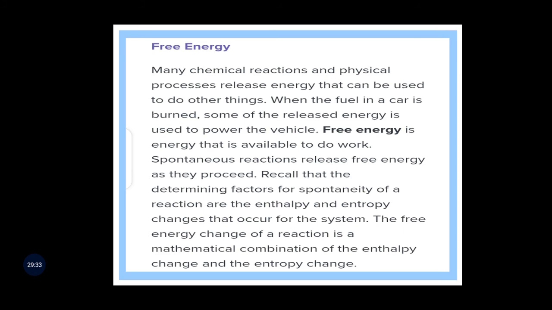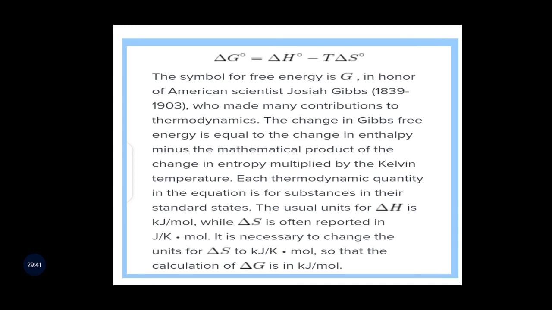The combination of enthalpy change and entropy change is what will give us free energy. Now, this is what we have here. The delta G, which gives free energy, equals the change in enthalpy minus temperature multiplied by the change in entropy.